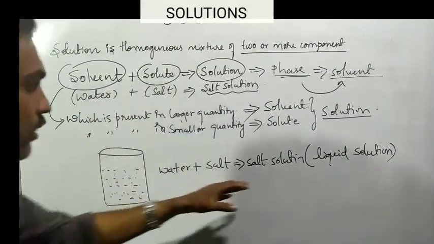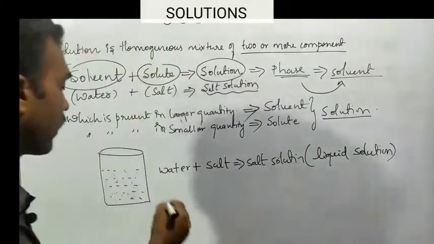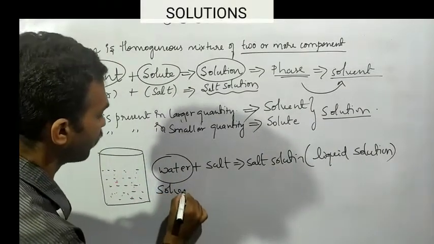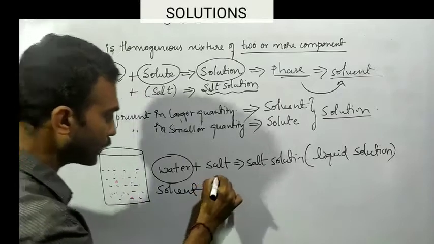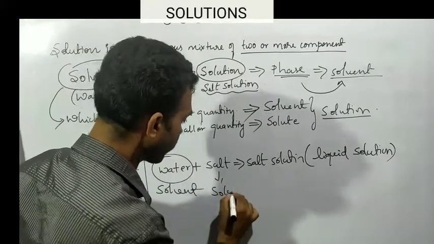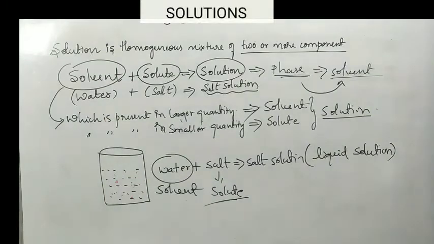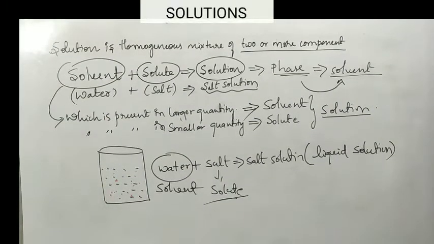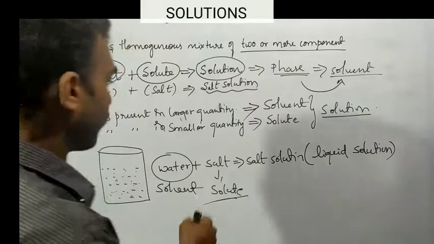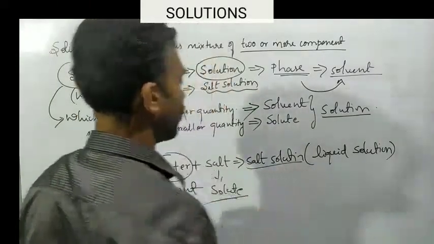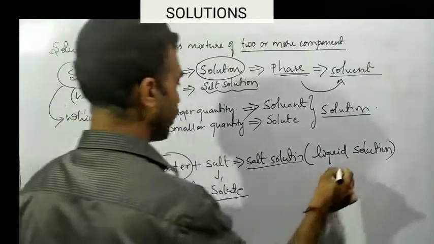So now here you have a liquid solution. Why? Because water is the major part. Water becomes the solvent here, salt becomes the solute here. So water is a solvent and salt is a solute. Hence the solution we are getting here is a salt solution, which is in a liquid state.